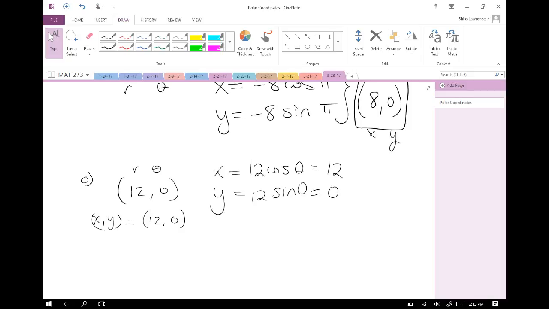So if we represented them with negative r's, they would be exactly the same in rectangular and polar. So would negative 12, 180 be the same as 12, 0? Yes. Negative 12, 180 would be the same as 12, 0.